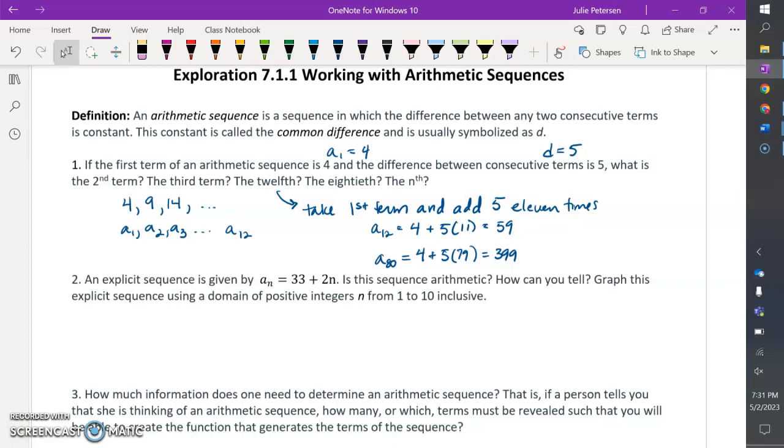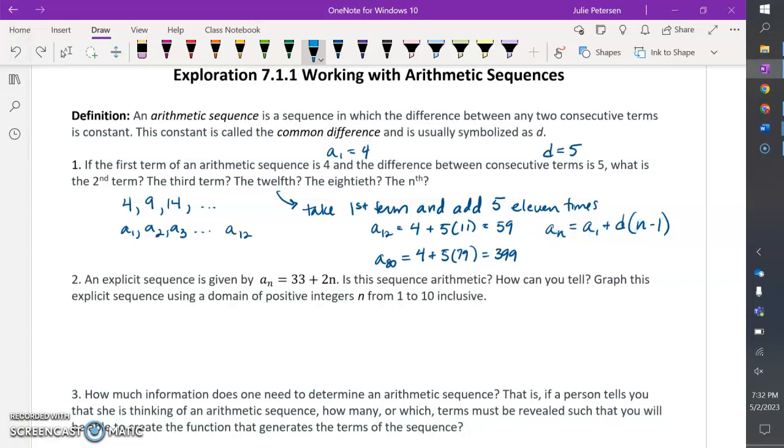So I'd say a sub n equals a sub 1 plus, and I usually put the common difference before, and then n minus 1. The n here goes with the nth term, and this 1 is because we're using the first term here. So that's the significance of what's going on here.